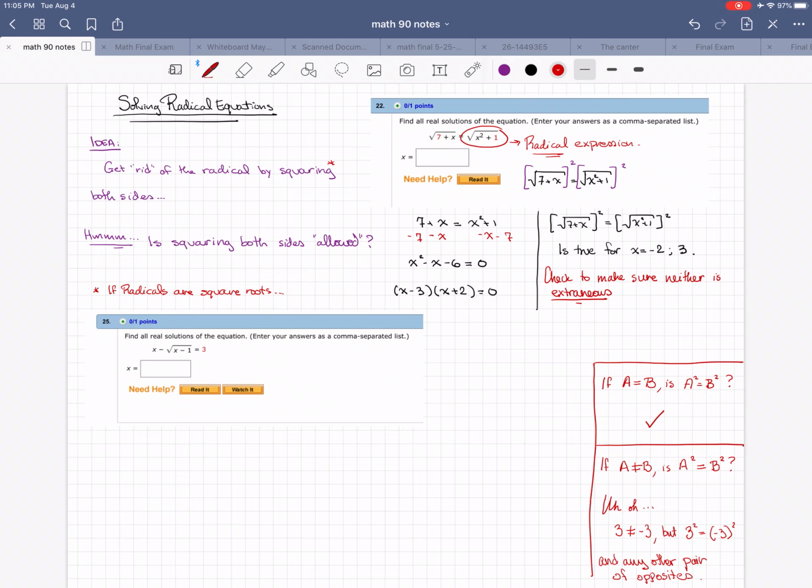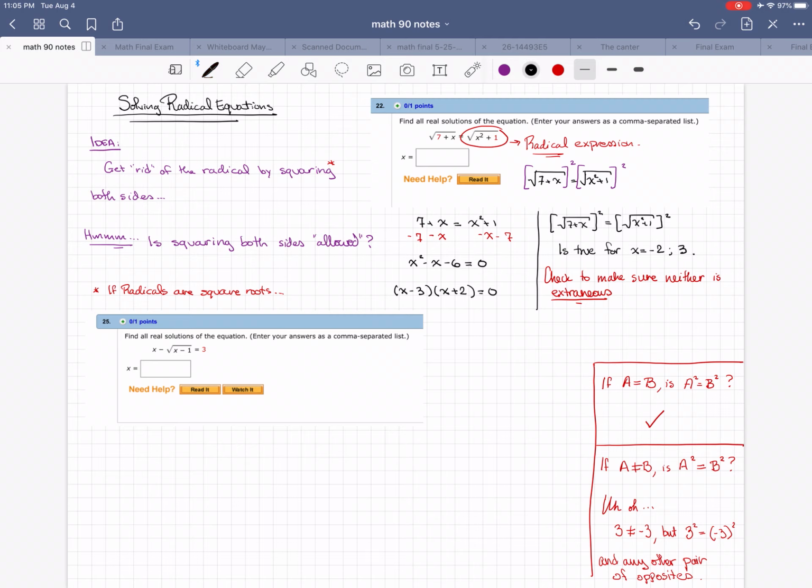So what that means is checking in the original equation before we squared that these two values make up solutions. So this takes us back to what we were talking about in our very first lesson. To be a solution, it has to satisfy the equation. It doesn't satisfy a modified version of the equation that may or may not be equivalent. It satisfies the original equation.